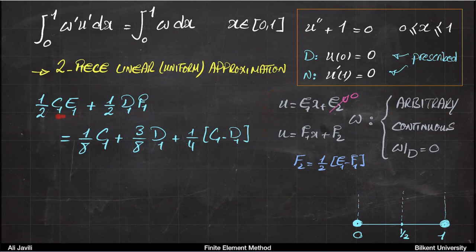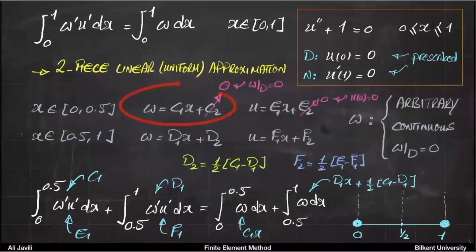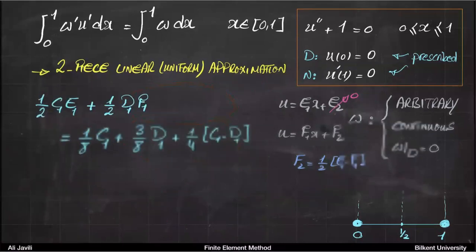But C1 and D1, these coefficients, they come from the definition of W, or from the W approximation. So if you know W is arbitrary, you know C1 and D1 are arbitrary. So that's the key.